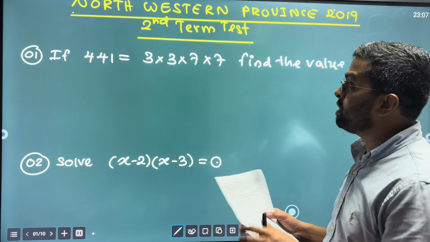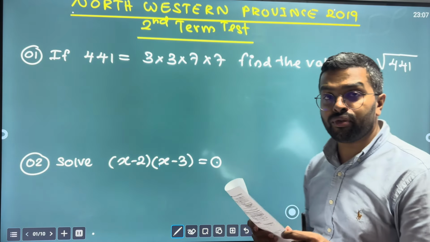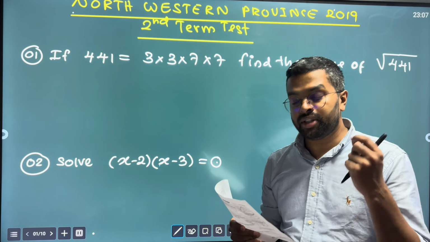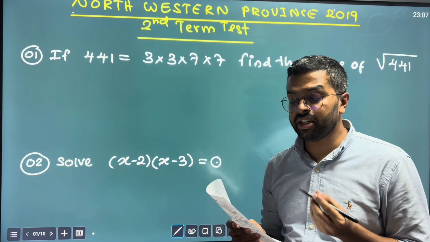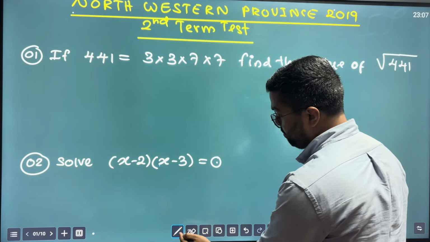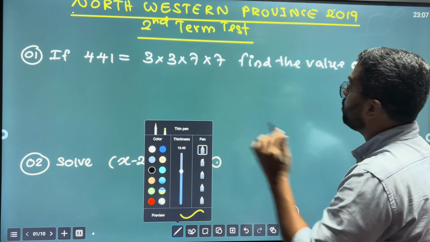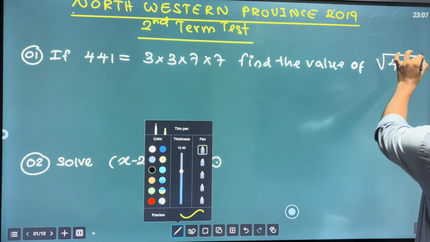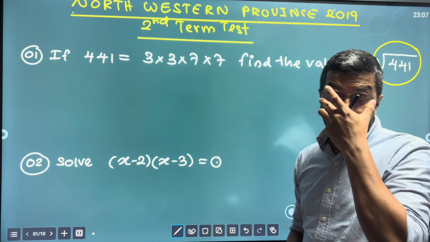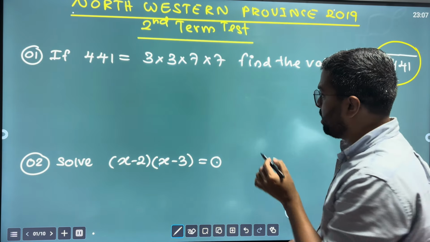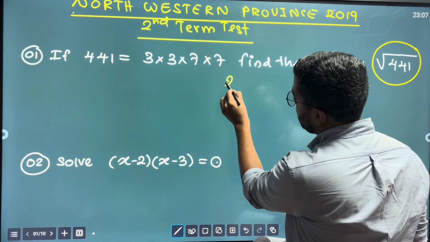Question number 1, if 441 equals 3 times 3 times 7 times 7, find the value of, I'm sorry, square root of 441. So what is asked in the question is the square root of 441. Let me give you a very basic simple example.